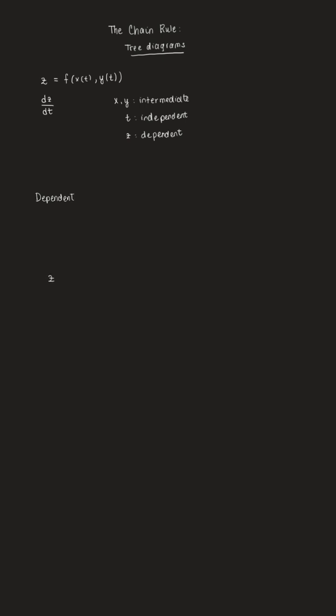So here's z. And then we're going to keep track of our intermediate variables. These are both, in this case, x and y, and we have one independent variable, which is t.